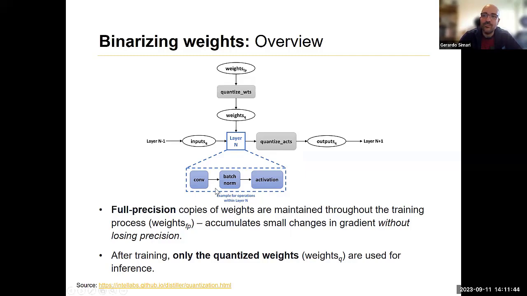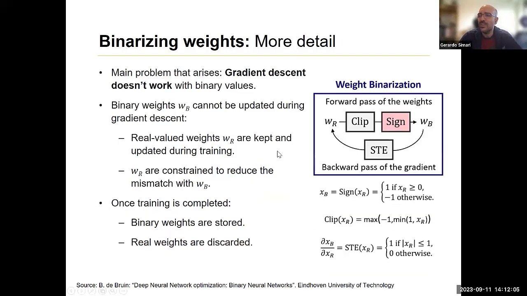As we will see, all of this maps into slower learning, but in a lot of cases without losing accuracy. After training, you can keep only the quantized weights, and that's what you're going to use for inference. In a little bit more detail, gradient descent doesn't work with binary values. Like I was saying, all you're going to get is zero derivatives.